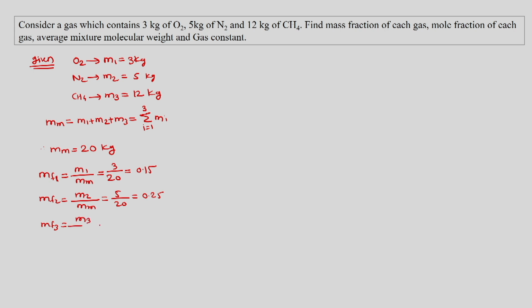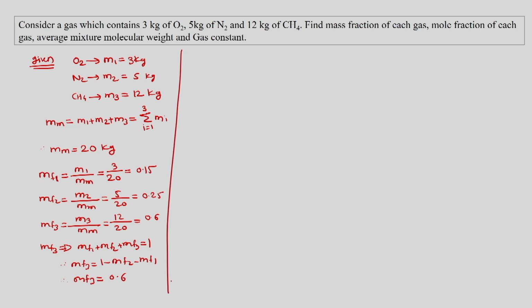First, M3 divided by mm, which is 12 divided by 20, which is 0.6. Or otherwise, from the fact that Mf1 plus Mf2 plus Mf3 is equal to 1, so Mf3 is 1 minus Mf2 minus Mf1, which is also 0.6.